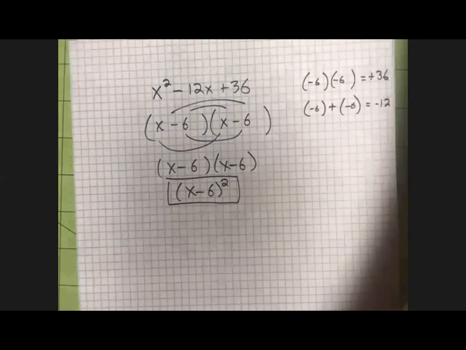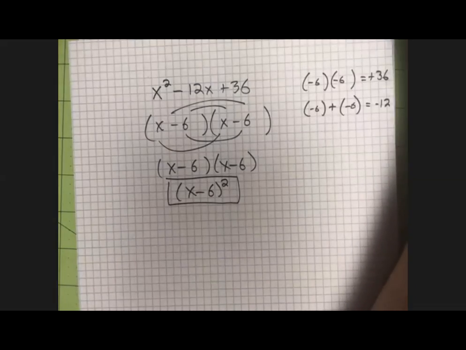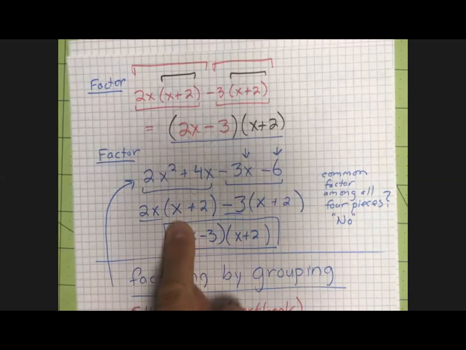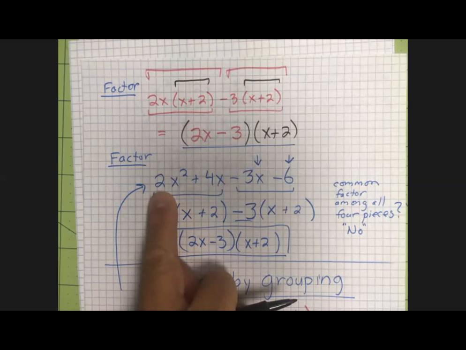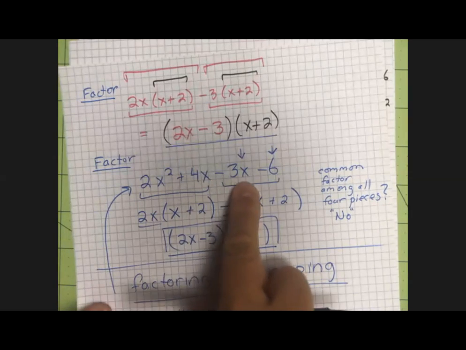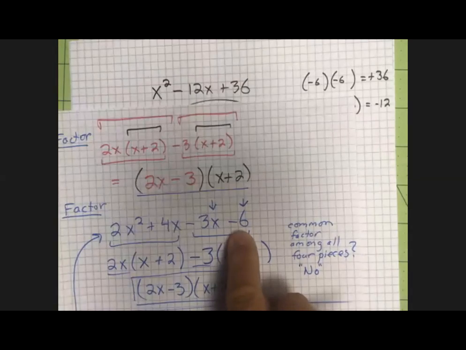But now I want you to go back to this problem. Do you notice how that began with a 2? What if I had 2x squared and I combine these into plus 1x, and then I had the minus 6?